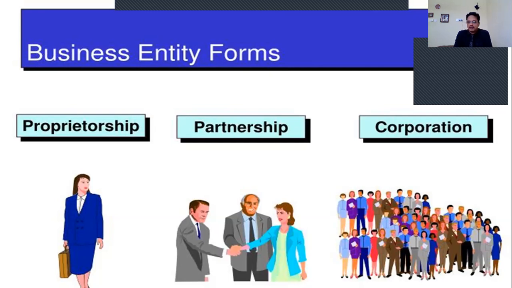This is a big setback in partnership. If the risk is very high, this is a drawback, because the person who has private property has to make good or compensate all the other partners.